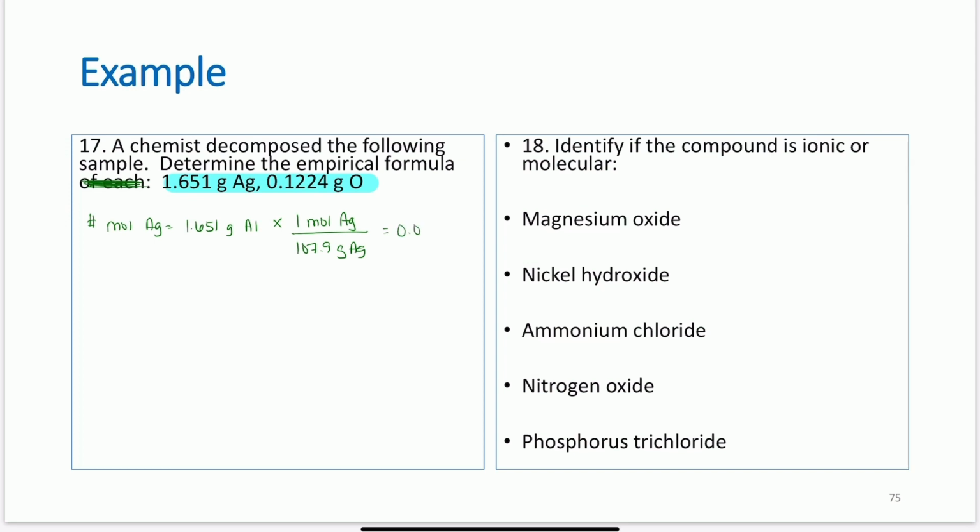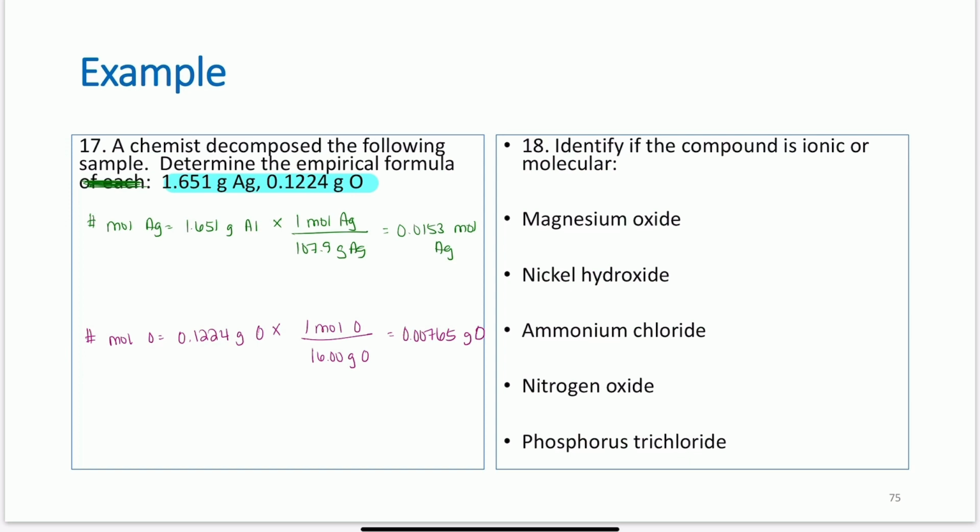This gives me 0.0153 moles of silver. Oxygen, number of moles of oxygen: 0.1224 grams of oxygen, 1 mole of oxygen to 16 grams of oxygen, 0.00765 moles of oxygen.